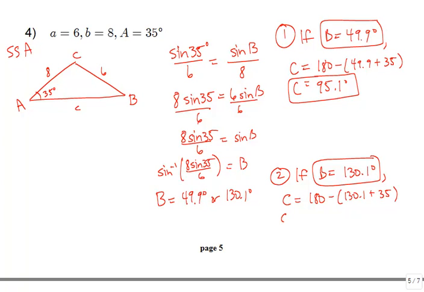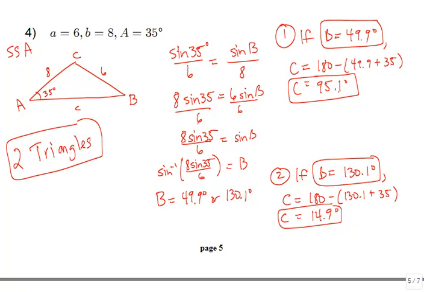And if you punch this in, you end up getting 14.9 degrees. So this is going to have two triangles, because when I used angle B, I got a legitimate angle C, and when I used the supplement for angle B, I also got a legitimate angle for angle C. So as long as C is positive for both of these, then you're going to get two solutions.